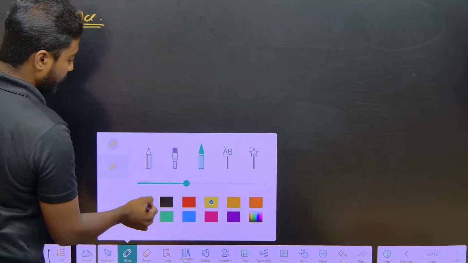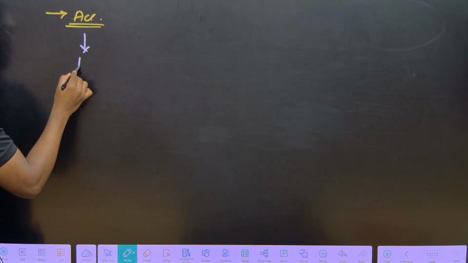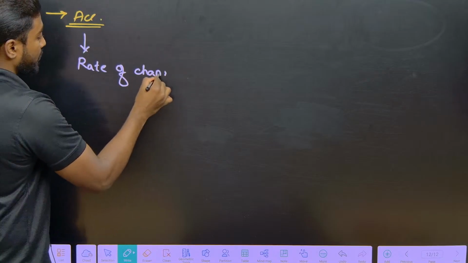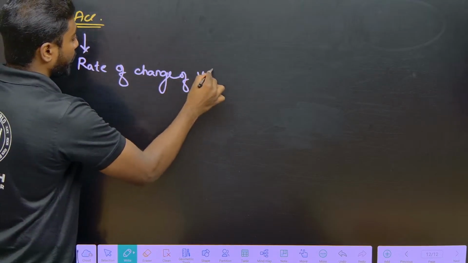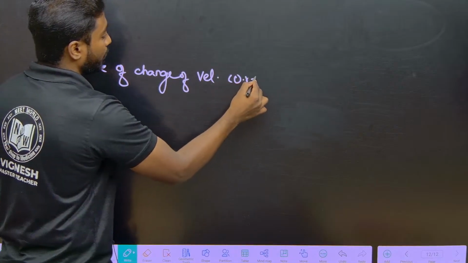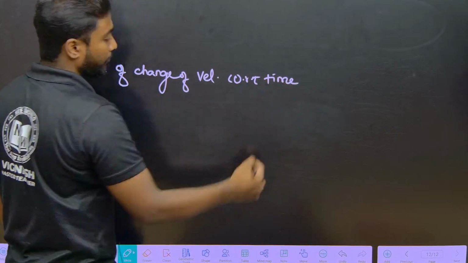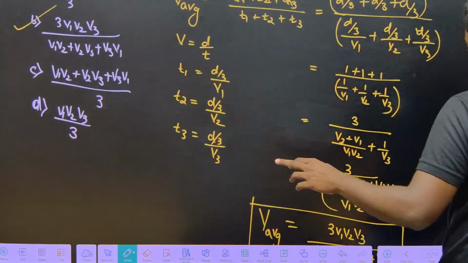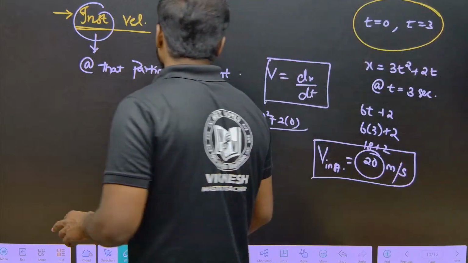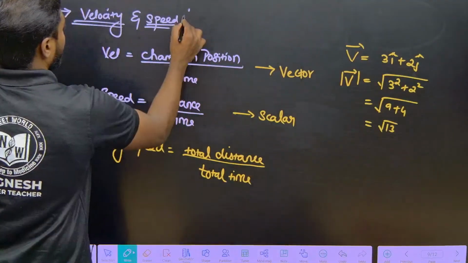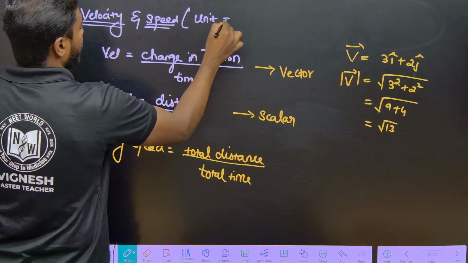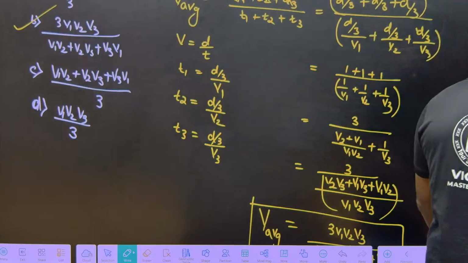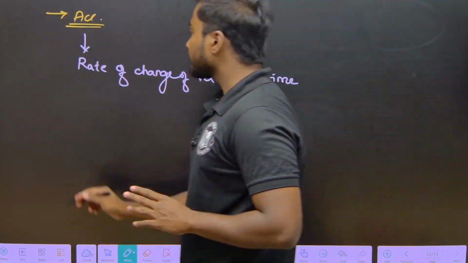So acceleration is nothing but the rate of change of velocity with respect to time. What is the unit of velocity? Meters per second. Now if I talk about acceleration, what will be the unit?